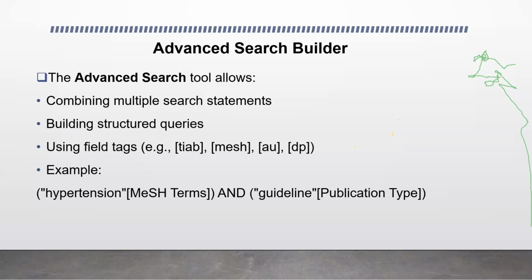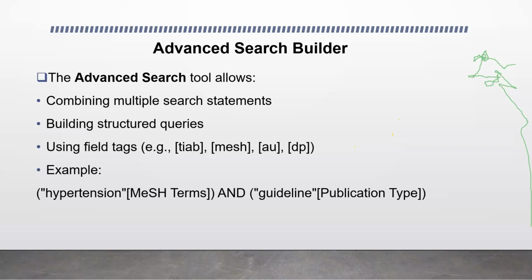The AU stands for author, the DP stands for date of publication. So you can see the example over there, hypertension, that is the MeSH term, and guidelines, that is the publication type. Okay, so that's how you can apply the advanced search.